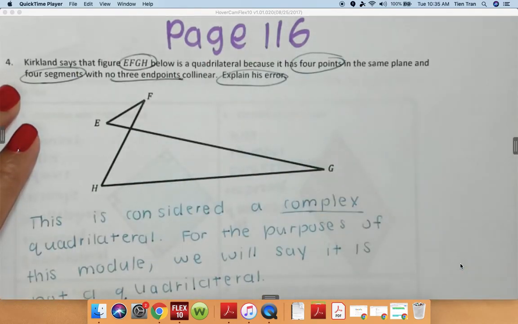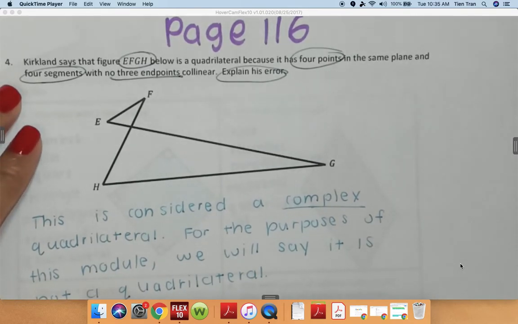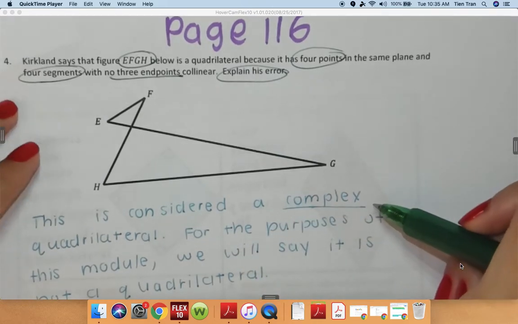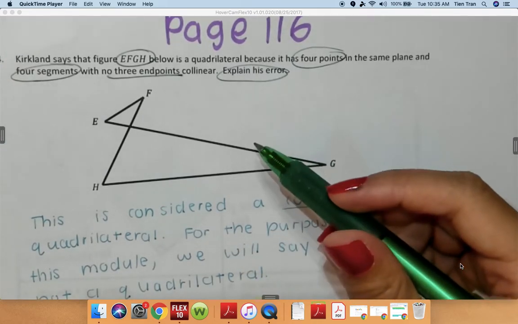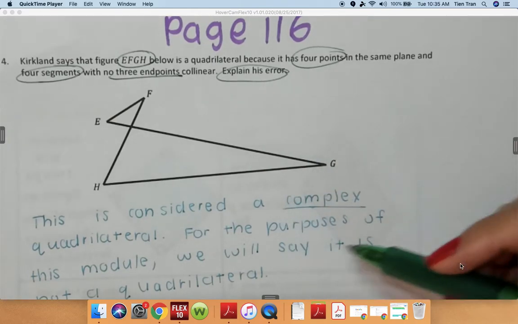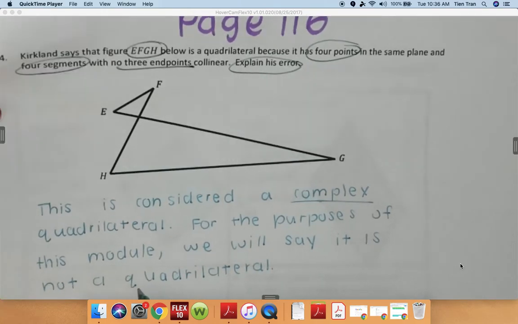This shape doesn't have a shape like a rectangle, rhombus, trapezoid, rectangular prism. It's called a complex quadrilateral. Why is it called complex? Because it is difficult. It's not like a simple shape. It's a complex shape. So for the purposes of this module, we will say it is not a quadrilateral.